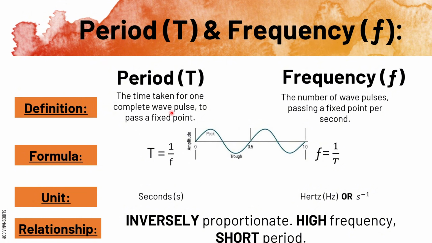Now, period says it's the time taken for one complete wave pulse to pass a specific point. But how are we going to know from where to where one complete wave pulse stretches? So we know that one wavelength stretches between 2 points that are in phase. Now, 2 points are in phase means they are a replica of one another.